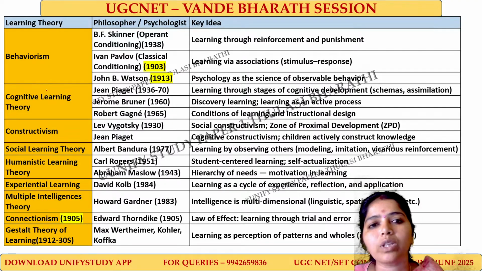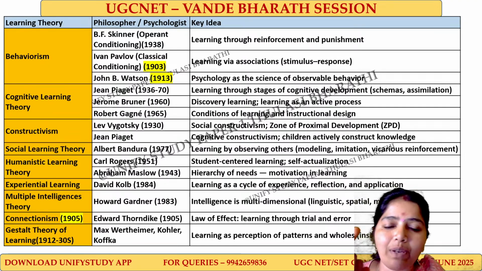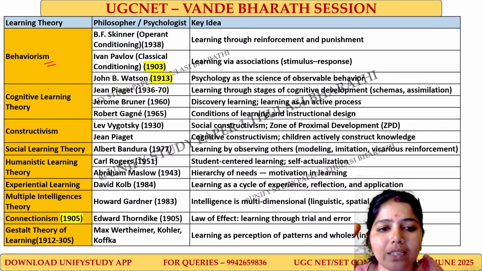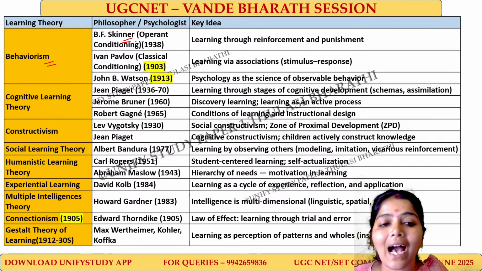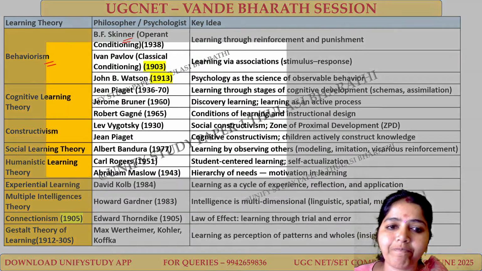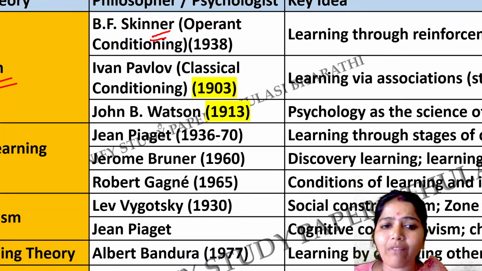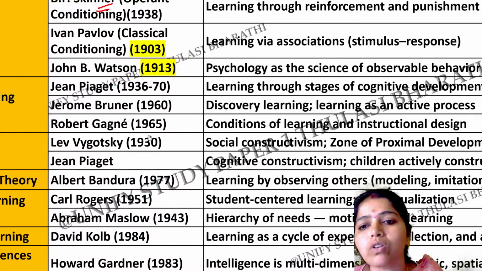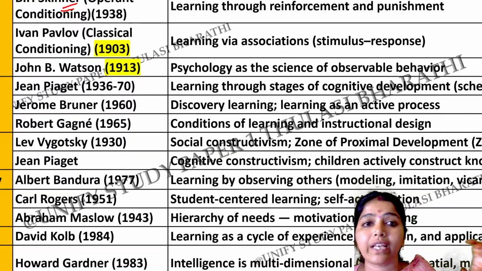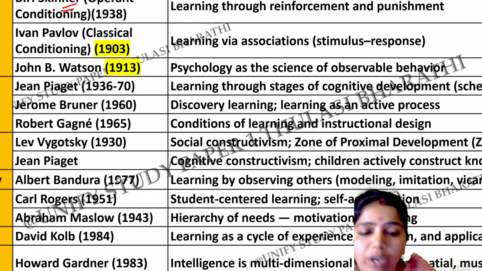Behaviorist theory, who are the proponents? B.F. Skinner, Ivan Pavlov, John Watson. These are the proponents, and their work is also given. Skinner worked on reinforcement and punishments, Ivan Pavlov worked on learning via association, and John Watson worked on observable behavior, psychology as a science of observable behavior.